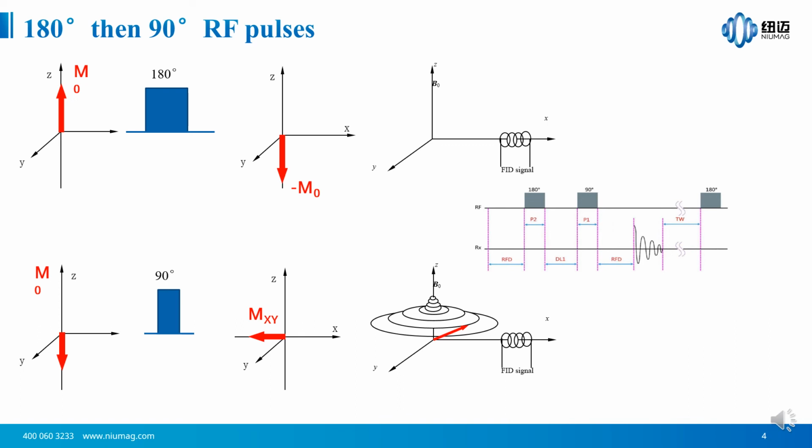The sequence of adding 180 degrees and then 90 degrees corresponds to our inversion recovery sequence. We also call it IR sequence, and this is the sequence diagram. This IR sequence will be described later when we talk about the T1 relaxation time.